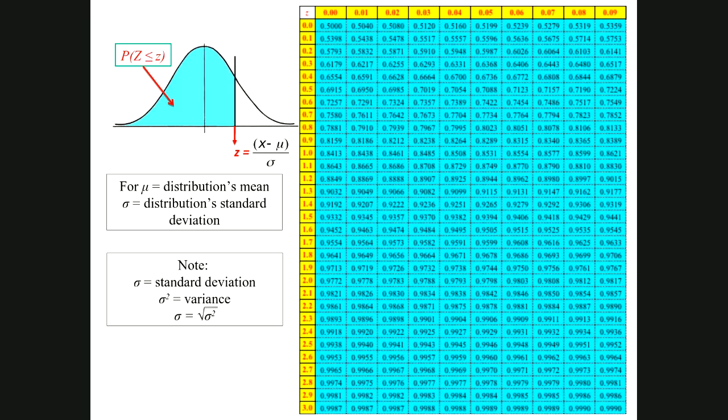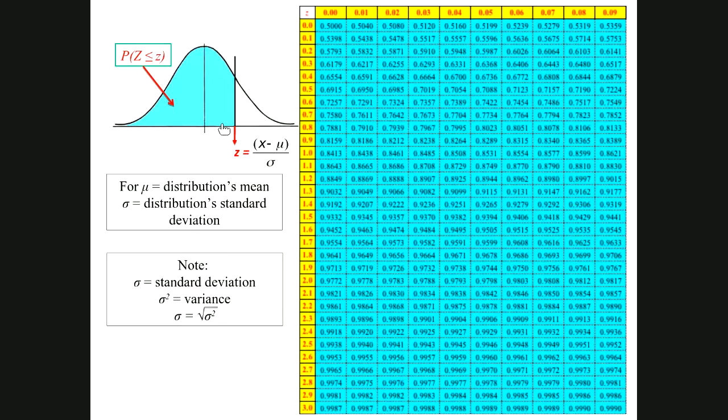So here's one of the tables that you see, and I've color coded this so that what I want you to remember is two things. Number one, the area under the curve is represented by blue.